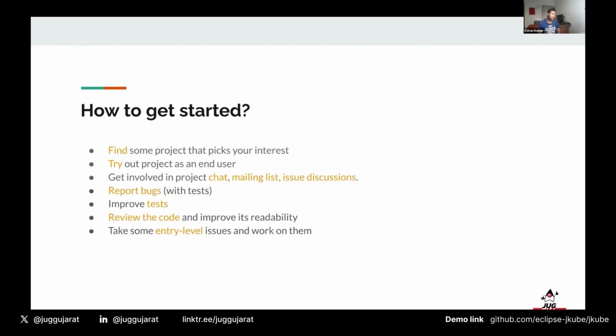Okay, so if you have found the project that you are interested in, how can you get started working on it? This one relates to the previous slide. So we already have found the project. In my opinion, in any project, the first thing that you should do is to understand what the project is.